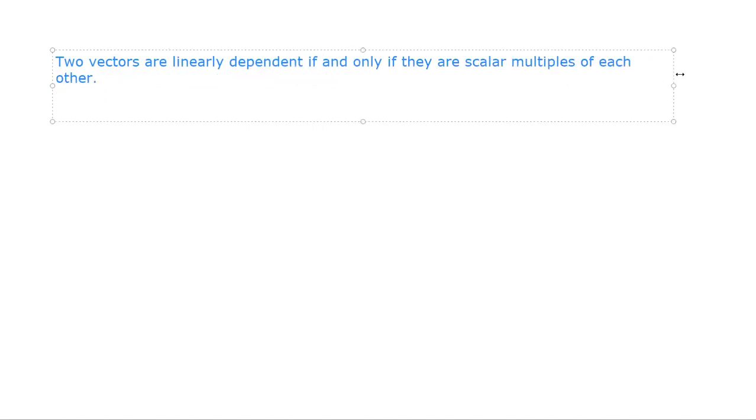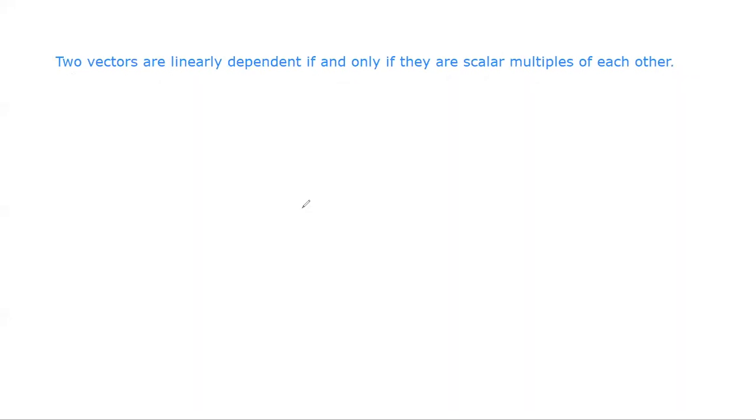If we have two vectors, this is actually quite easy. Two vectors are linearly dependent if and only if they're scalar multiples of each other. This is pretty quick to see, because if two vectors are linearly dependent, that means we can write c v1 plus d v2 equals 0, and c and d are not both 0.